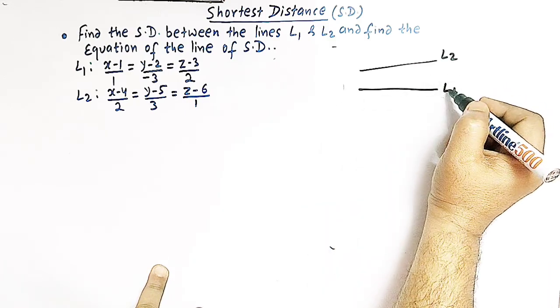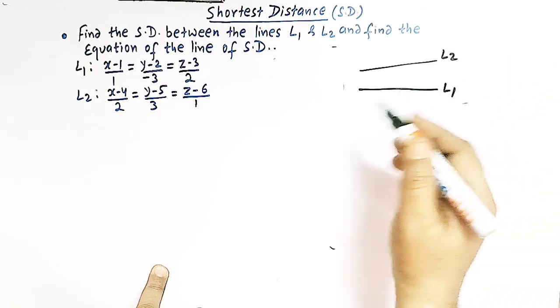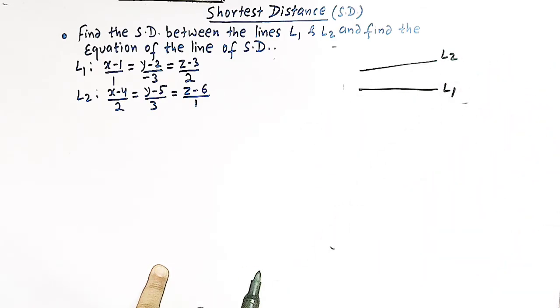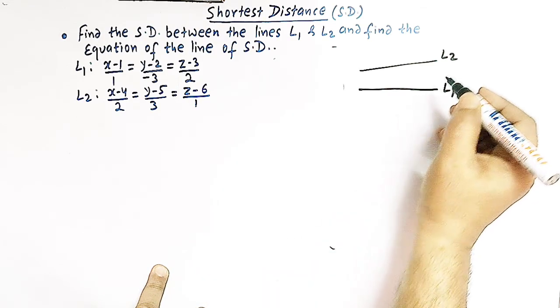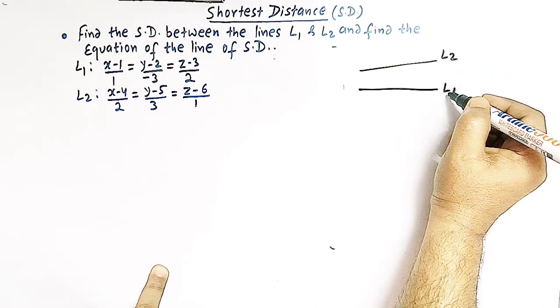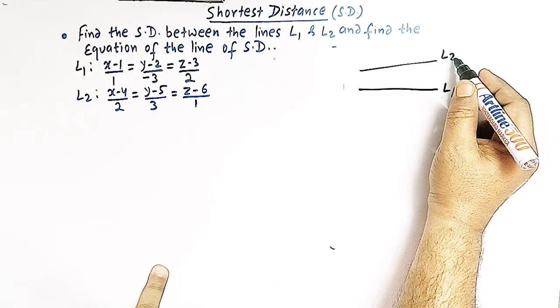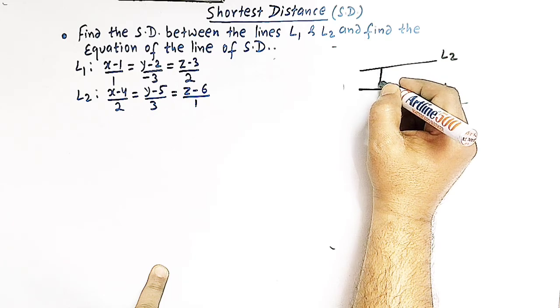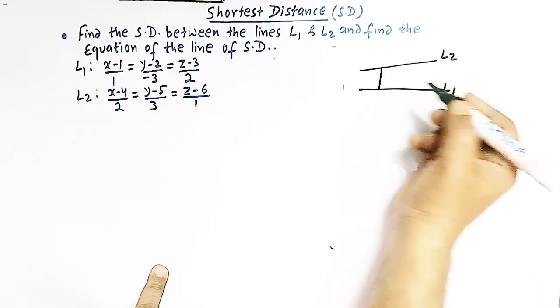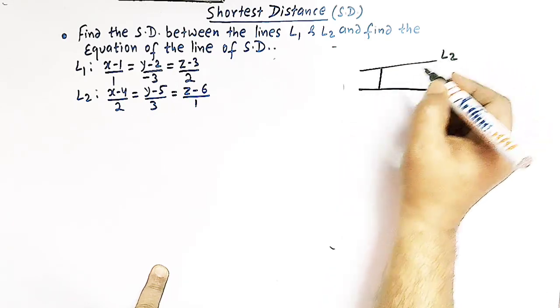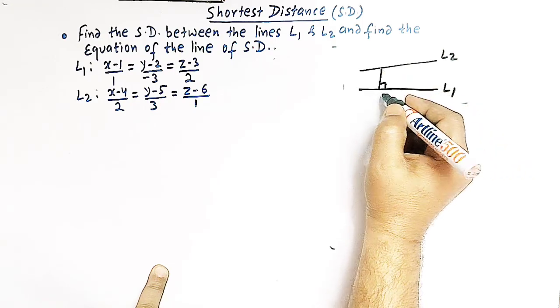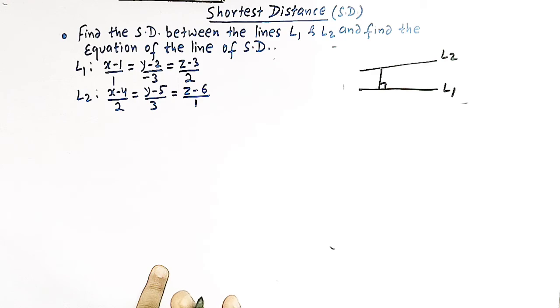If these two lines lie on different planes, then they are said to be non-coplanar lines or skew lines. And the shortest distance between L1 and L2 is given by the line segment which is perpendicular to both L1 and L2.